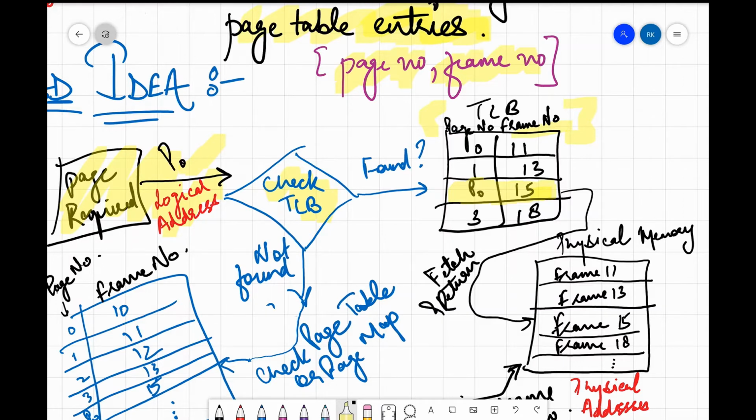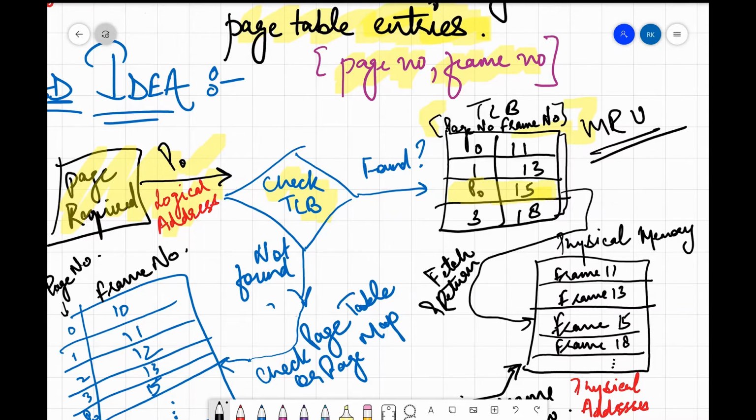So you only store some restricted number of entries, which are the most recently used. This is the keyword over here. Most recently used entries will be placed in this table, okay? And if it was recently used, you can find it over here.